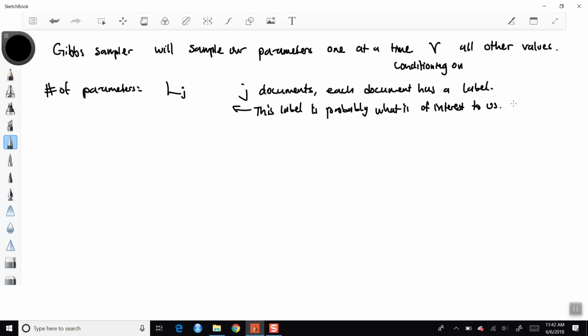And then we've got to figure out theta 0 and theta 1. These come from the Dirichlet distributions, and we need to sample these. So we have basically J plus 2 parameters to sample.